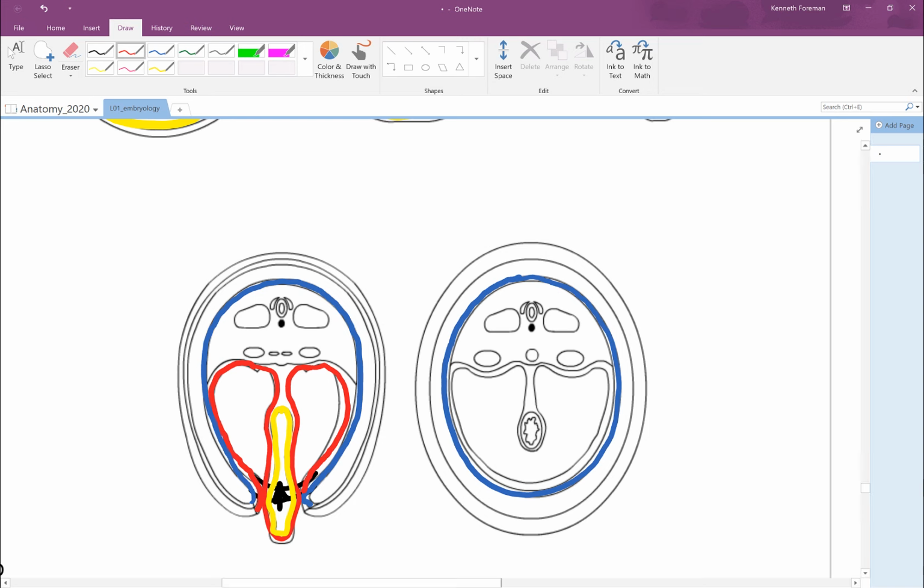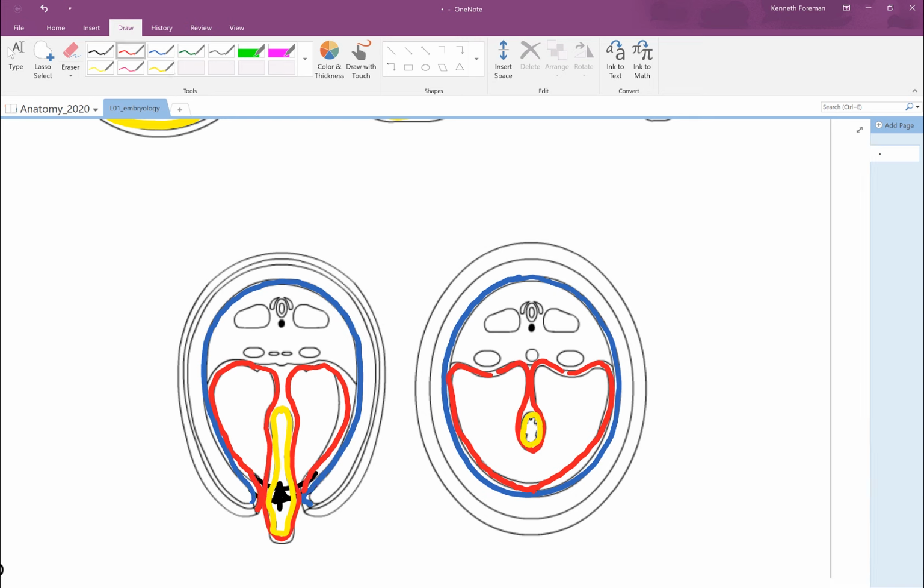Internally, we have our somatopleuroid mesoderm, which is part of that lateral plate mesoderm. We have our splanchnopleuroid mesoderm, wrapping around the endoderm or the gut tube.